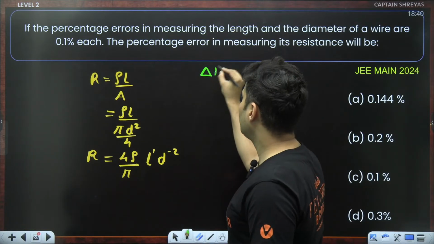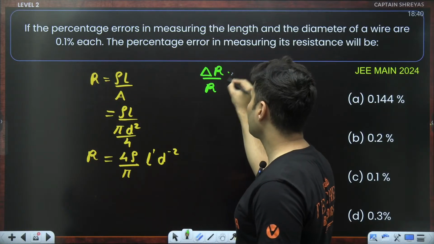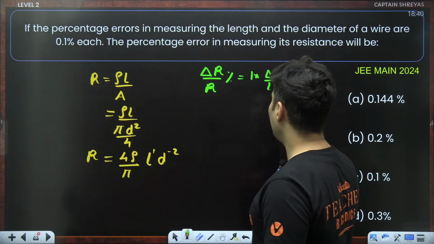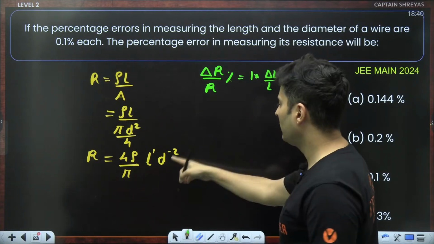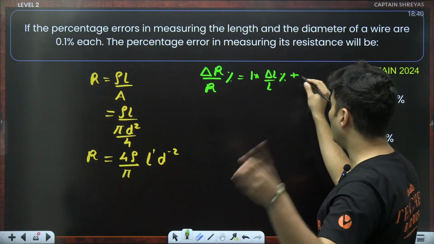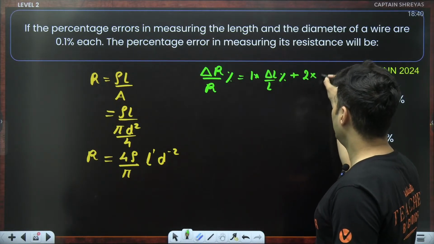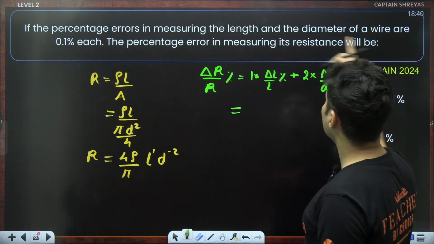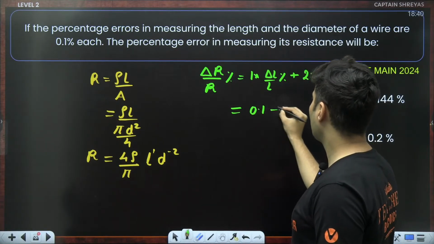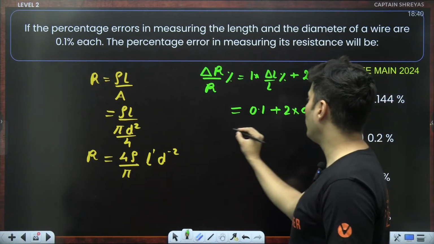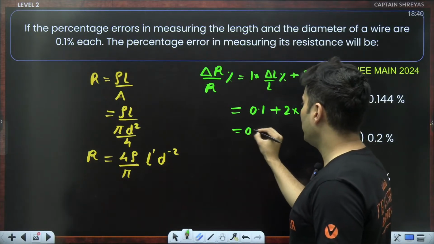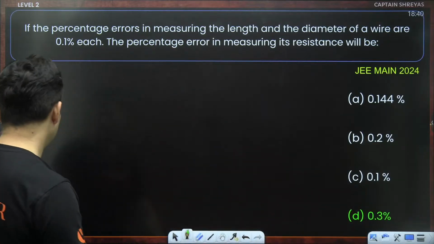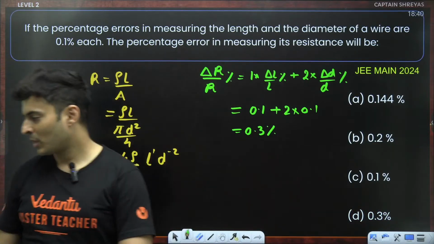Therefore, the relative or percentage error in R will be: length's power is 1, so 1 multiplied by delta L by L. Diameter's power is -2, and always take the positive, mod value, so 2 into delta D by D. Length has an error of 0.1 plus diameter also has an error of 0.1, so 0.2 plus 0.1 is 0.3. Hence the answer is 0.3 percent, JEE Mains 2024. That's the answer, D for ID Delhi. What a lovely question.